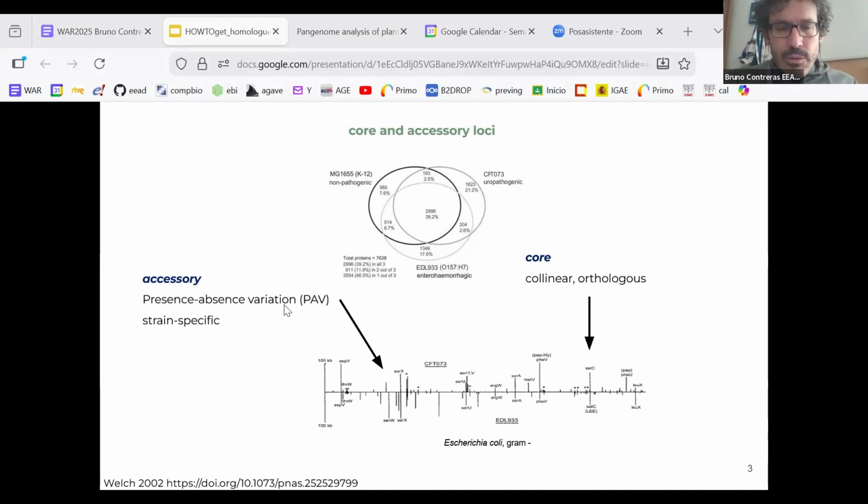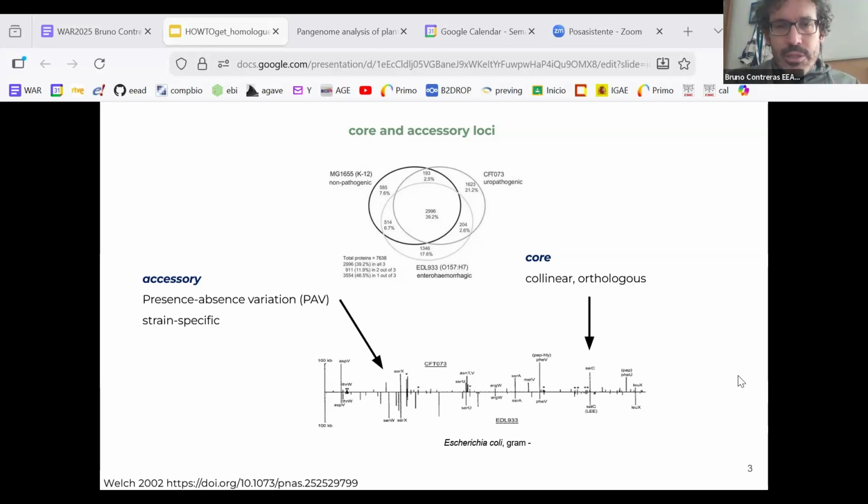It was this paper by Welch in 2002, where the authors for the first time compared the genomes of three strains, in this case of the Escherichia coli microbe.